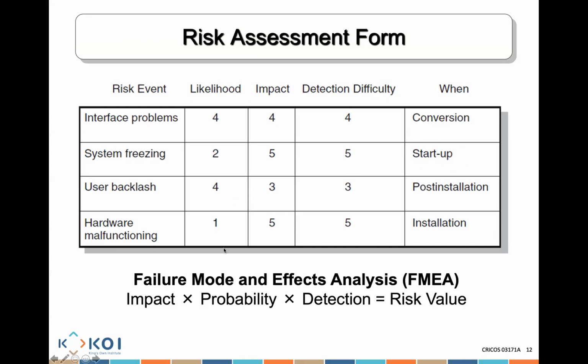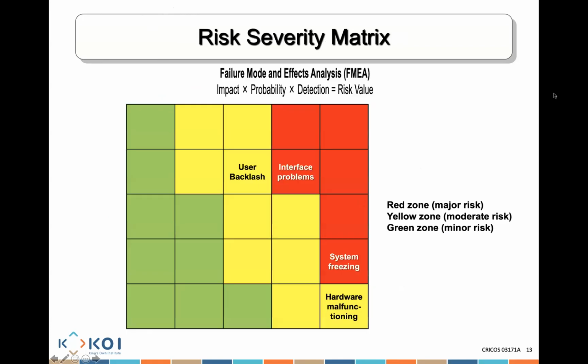So what you do is failure mode and effect analysis. It's a way of calculation that we are able to use. And the way we use it, we multiply my impact times my probability times my detection difficulty, to try to identify any particular issue at any particular point of time.